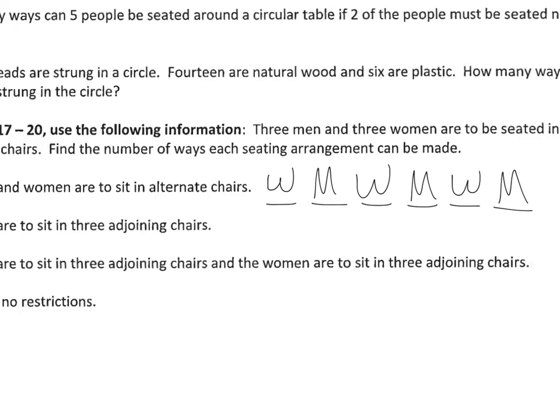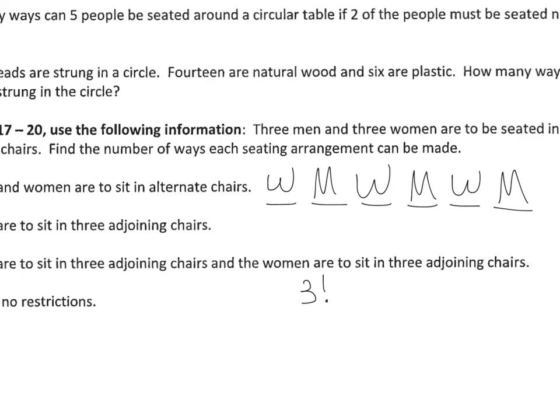For the women, that would be 3 women in 3 slots, and the order matters because they're different people. If I placed them woman 1, woman 2, woman 3 in those 3 slots moving from left to right, that's a different possibility than woman 3, woman 2, woman 1. So for the women sitting down, it'd be 3 factorial.